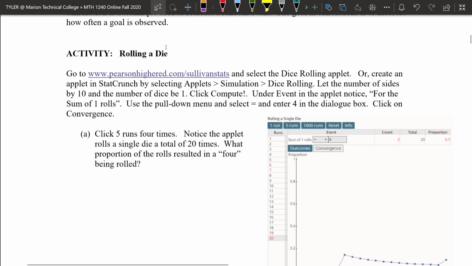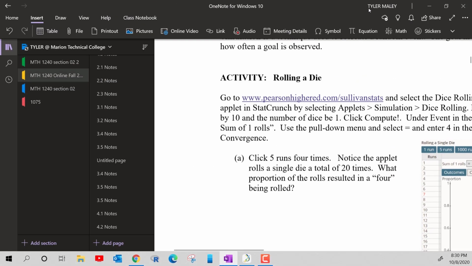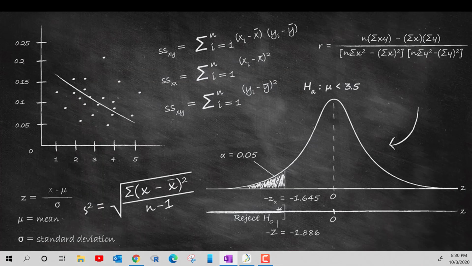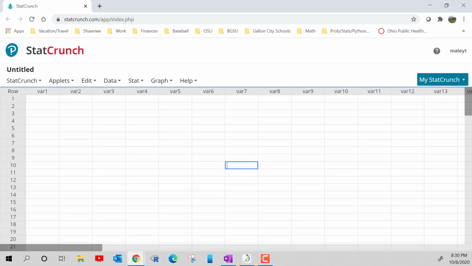So what we want to do is this rolling a die activity, and we're going to investigate what the law of large numbers is. You can see the directions here for what we're going to do. We're going to create the applet in StatCrunch, so I'm going to pull up StatCrunch here.